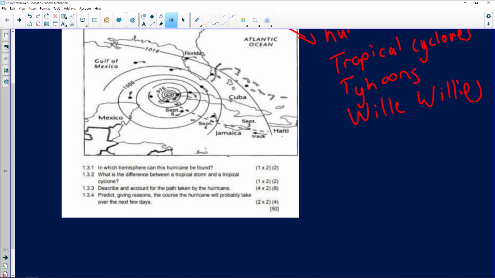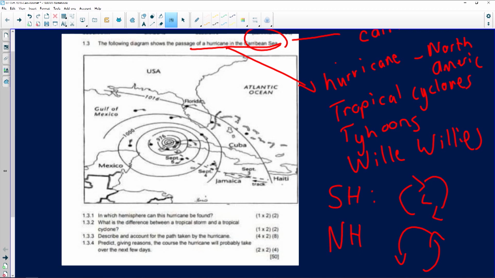In the southern hemisphere, the circulation of air of a low pressure system is clockwise. The circulation of air in the northern hemisphere is anti-clockwise. Okay, vitally important. Now, let's go and focus on the diagram that's been given to us.